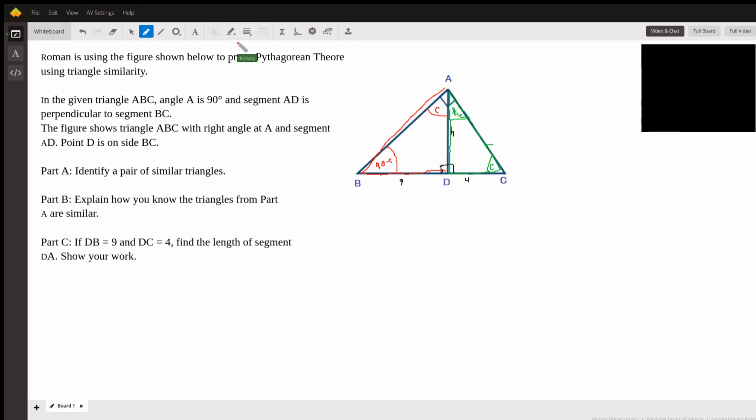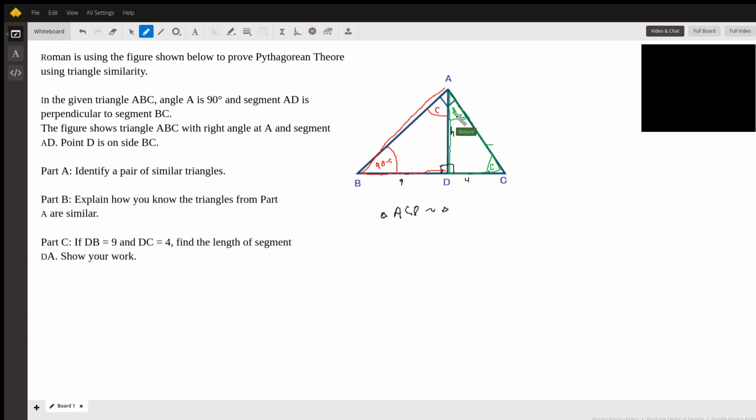Okay, so let's write out a similarity statement based on this. We can say that triangle ACD is similar to triangle, well, what's similar to A? You can see the green triangle ACD.